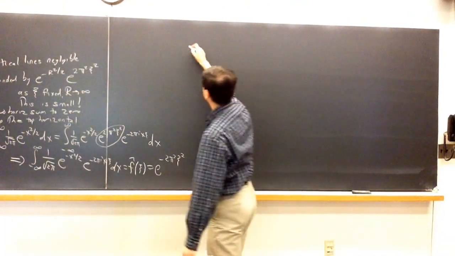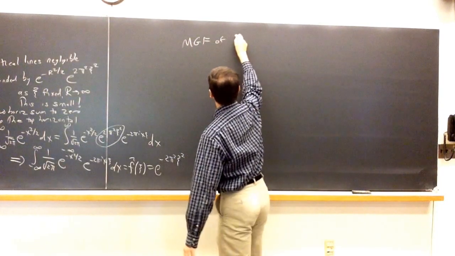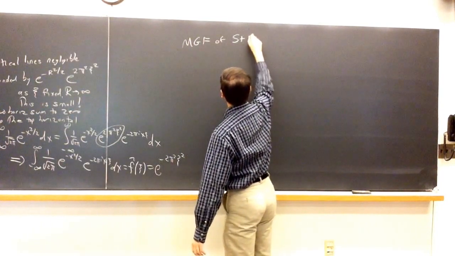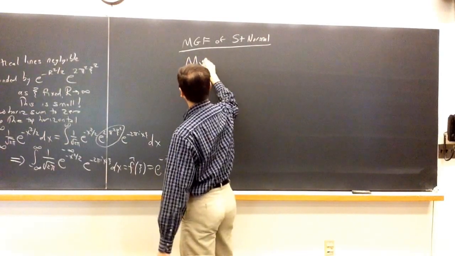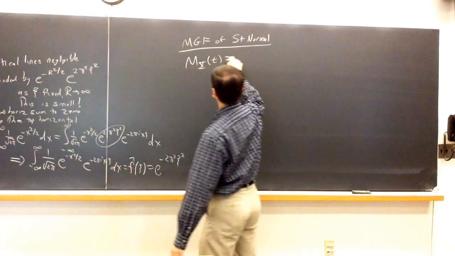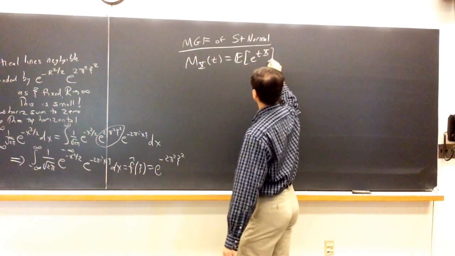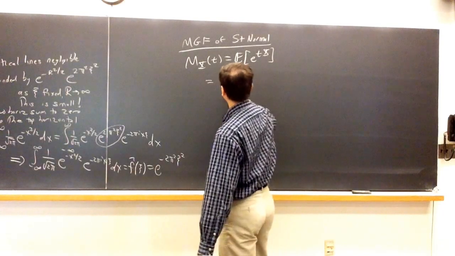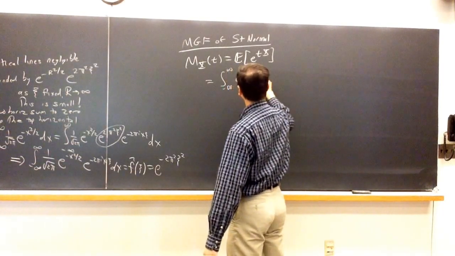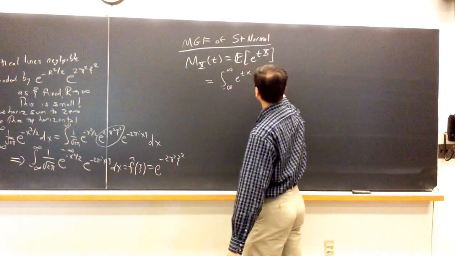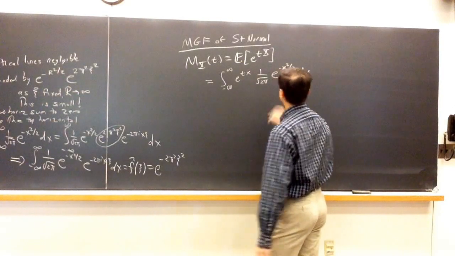So the next question is we want the moment generating function of the standard normal. The moment generating function we define as the expected value of e to the tx. This is going to be the integral from minus infinity to infinity of e to the tx times 1 over square root of 2 pi e to the negative x squared over 2 dx.